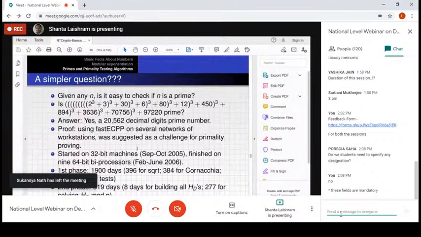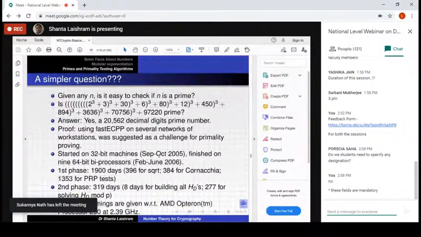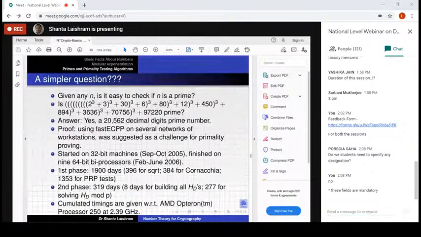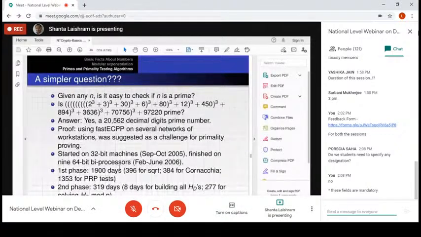It started on 32-bit machines in September, October 2005, and finished on 64-bit processors in February, June 2006. So almost 9 months. And of course, there are different phases that took a lot of days.